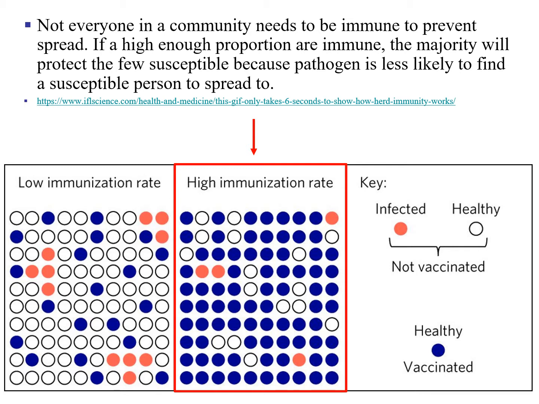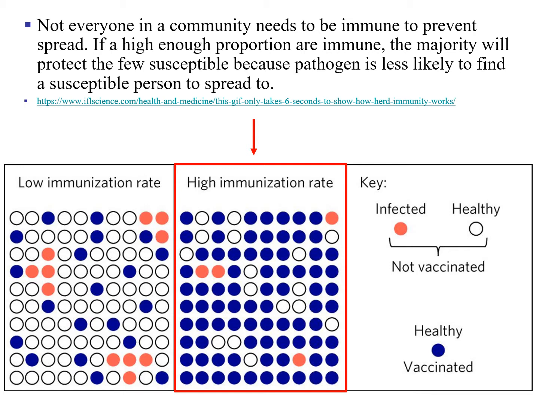If a high enough proportion of immune people are created, the majority will protect the minority. The minority might be the few that are susceptible because of a weakened immune system. If the majority gets immune, then they will prevent the spread to those individuals that cannot get the immunity.